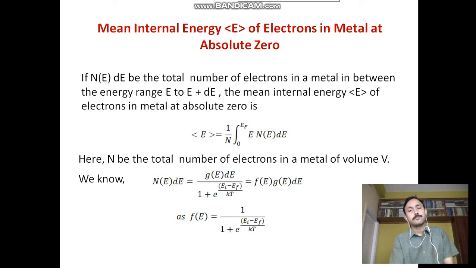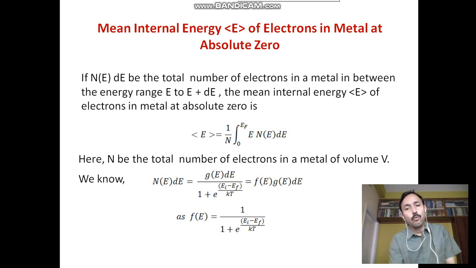We know that from Fermi statistics, dN is equal to g(E)dE by 1 plus e to the power (E minus EF) by kT, where g(E)dE represents the number of quantum states within the energy space E and E plus dE.